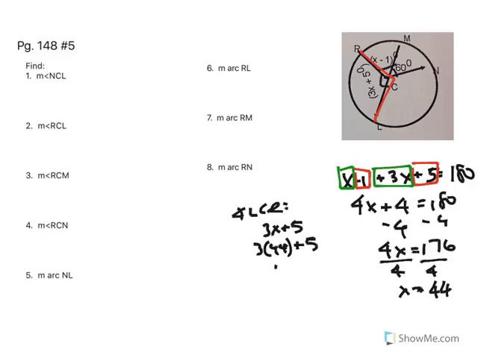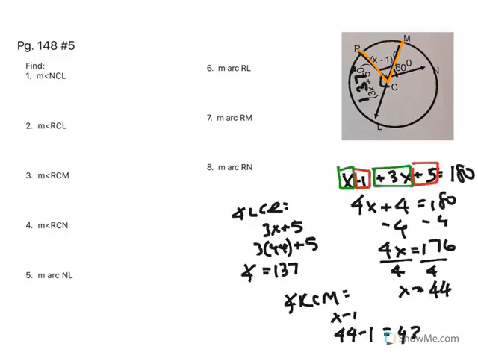We get 132 plus 5 equals 137. So we have 137 over here. X minus 1 is RCM. We know that x is 44, so we have 43 right here.